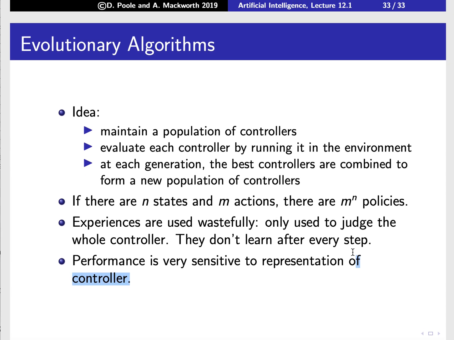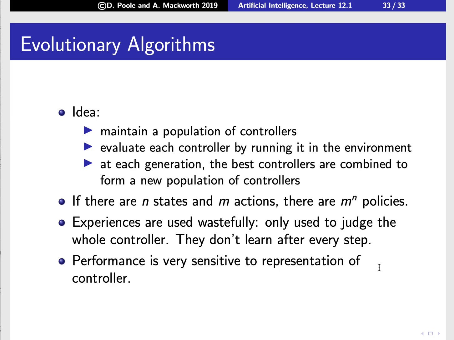So basically there are too many policies. Before, we didn't need to look at that many policies, because we were improving each component separately, and that has a huge advantage in learning. All the reinforcement learning algorithms we did not consider policies as a whole, but learned about the components of a policy.